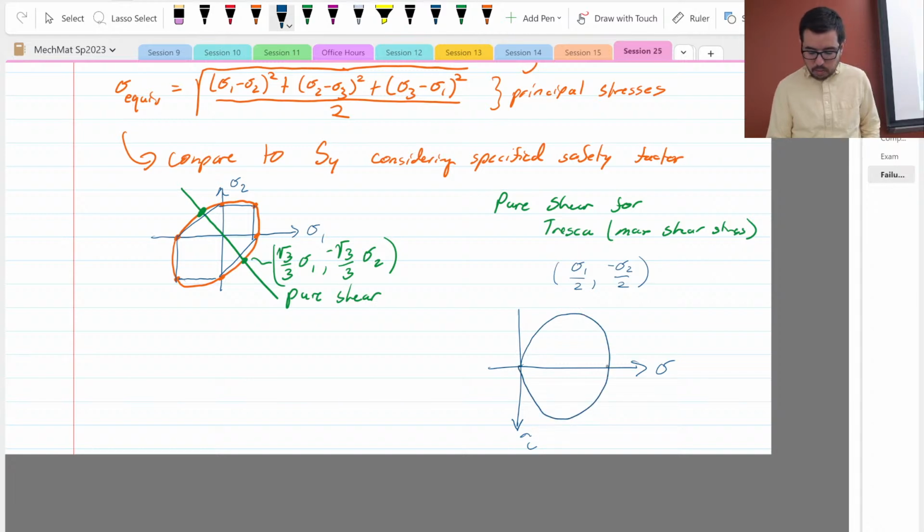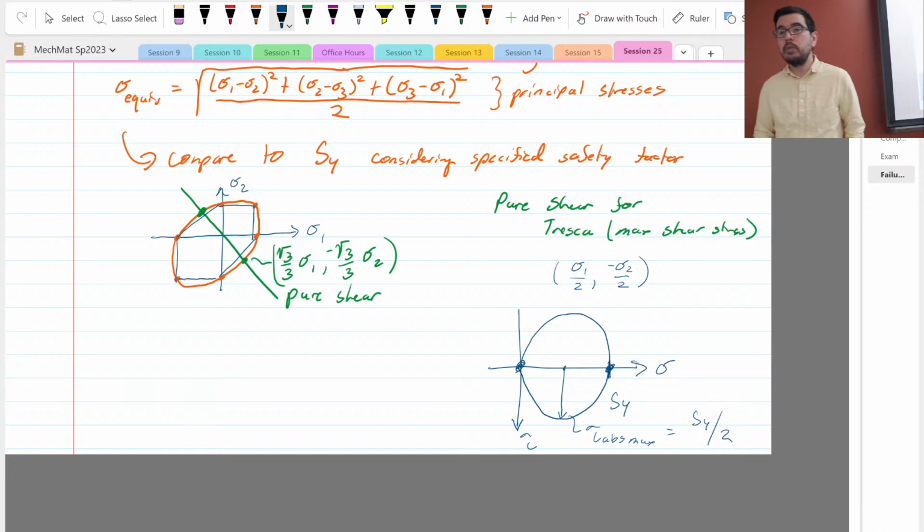this is the uniaxial case. This is SY there. Sigma 1 is uniaxial, sigma 2 and sigma 3 are 0. So the tau absolute max has got to be equal to SY over 2. You're like, oh, it's a little bit counterintuitive because I have a uniaxial load that I care about when I do the test for the yield strength, SY.